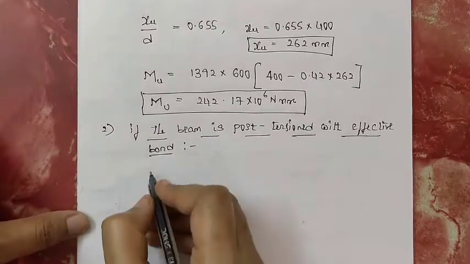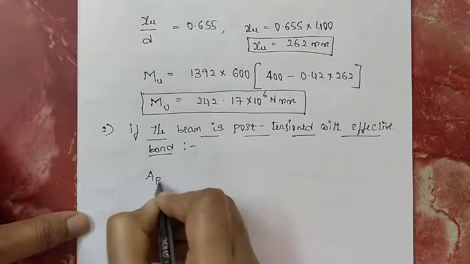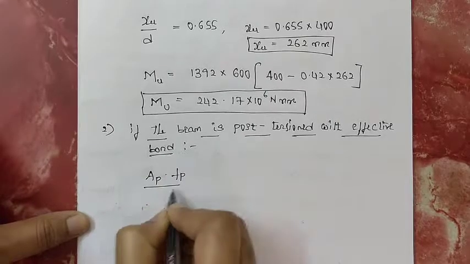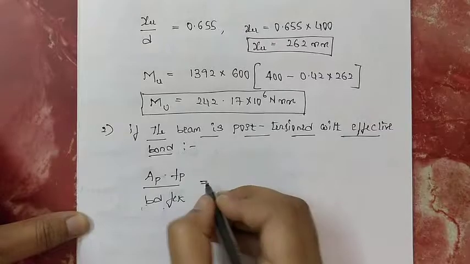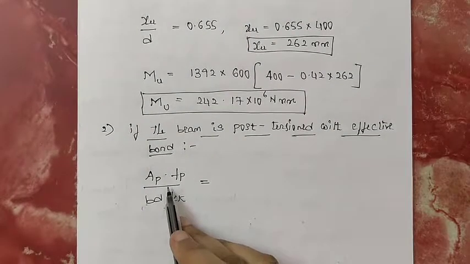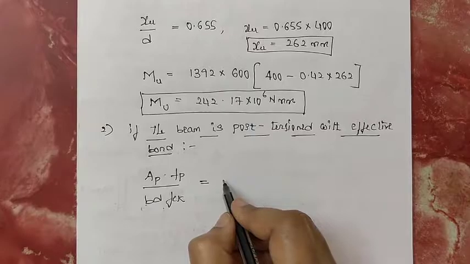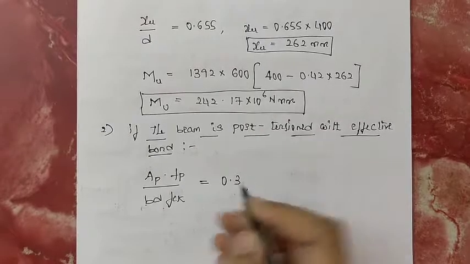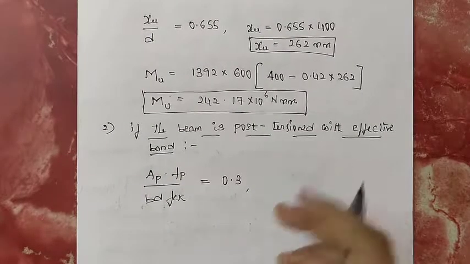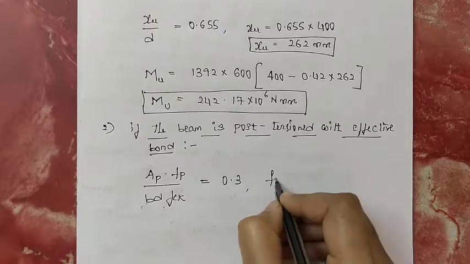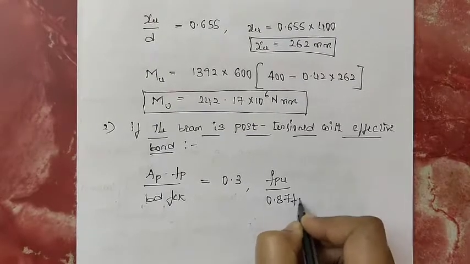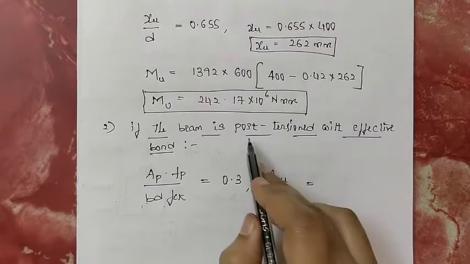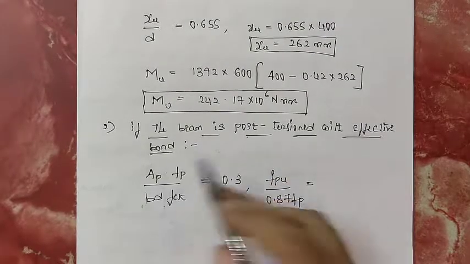Same as the AP FP divided by BD FCK you calculated in the previous step, the value is 0.3. For this ratio of 0.3 you need to calculate the FPU divided by 0.87 FP ratio for post-tensioning with effective bond.